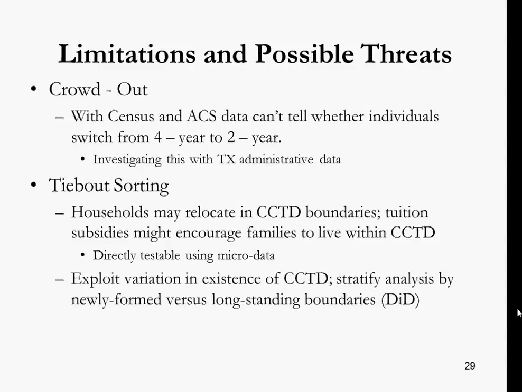I don't know the exact details of the Obama proposal, but Obama wanting to make community college tuition free may have some undesirable consequences if it's going to cause some kids from 4 years, since now 2 years is free, to go to 2-year instead.